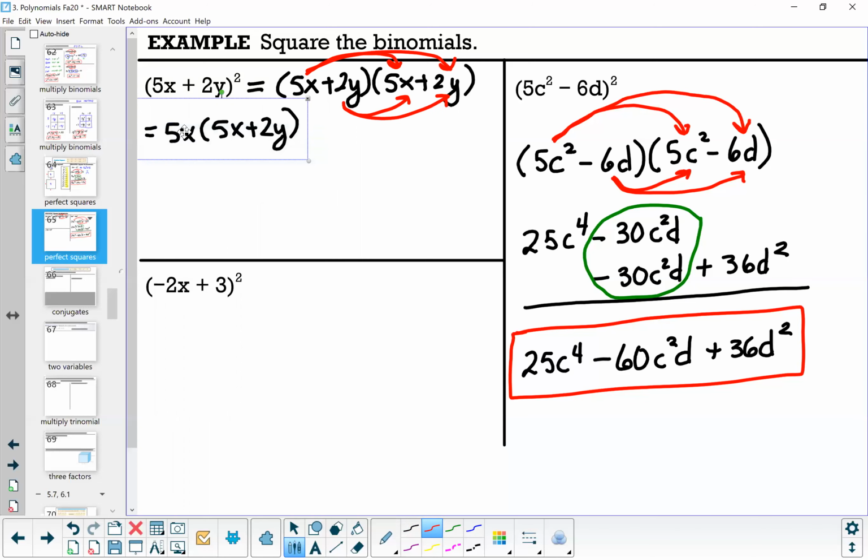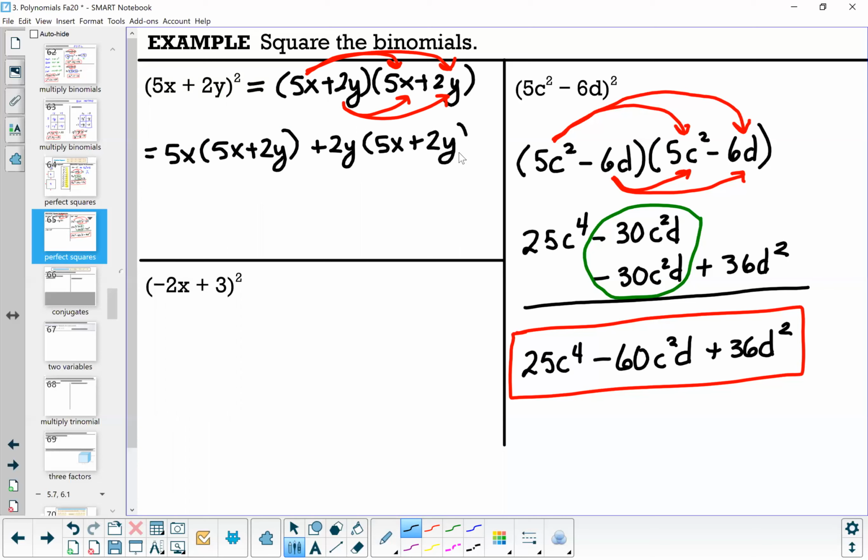Okay, so let me just give myself a little bit of space here. And so we have plus 2y being multiplied to the 5x plus 2y. All right, that's the work we're usually not showing when we're either foiling or just using the arrows for our FOIL. All right, so 5x to the 5x plus 2y gives us 25x squared plus 10xy.